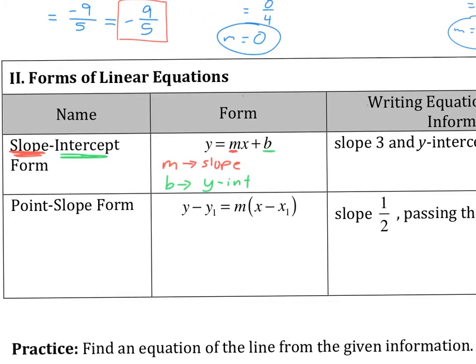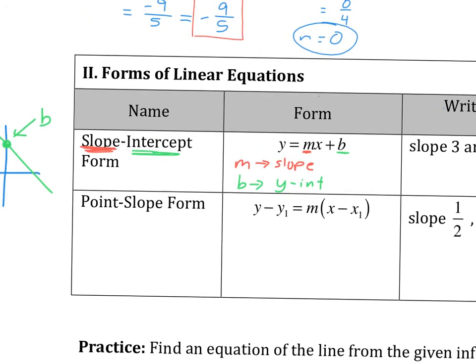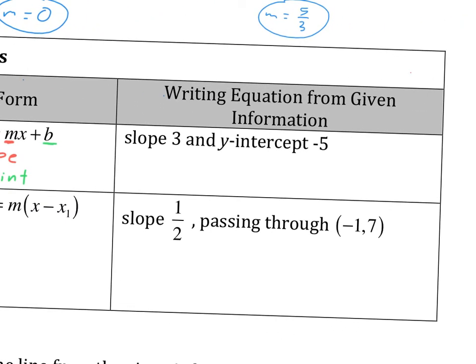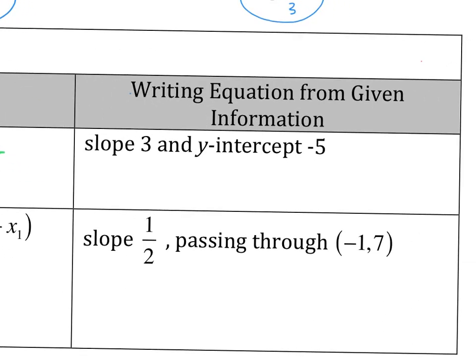All right, slope-intercept form. Now, how is this helpful? Because we can graph really, really quick from this. So just to practice, write the equation with the given information. We start off with y equals mx plus b. Again, the more we write it, the more it will be stuck in your head.